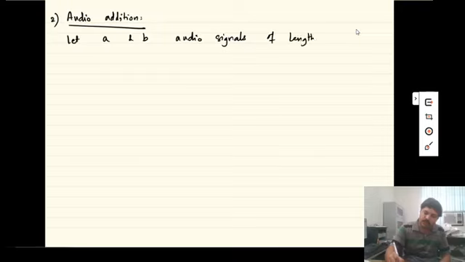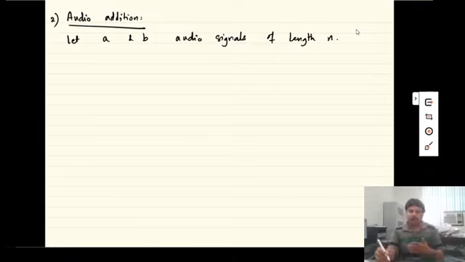So for example 1 minute. Suppose I record the audio signal at every second. That's a very bad audio signal, but let's suppose that I record it every second. Then A will have 60 entries and B will have 60 entries.